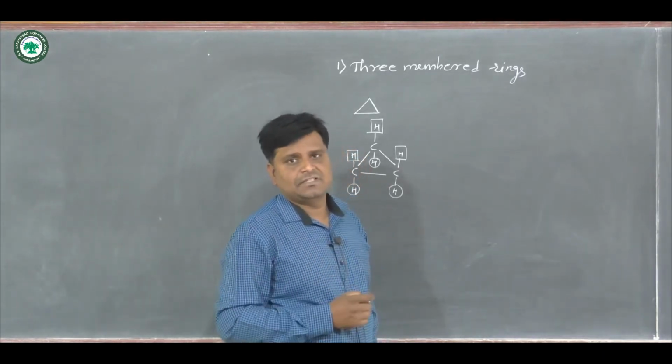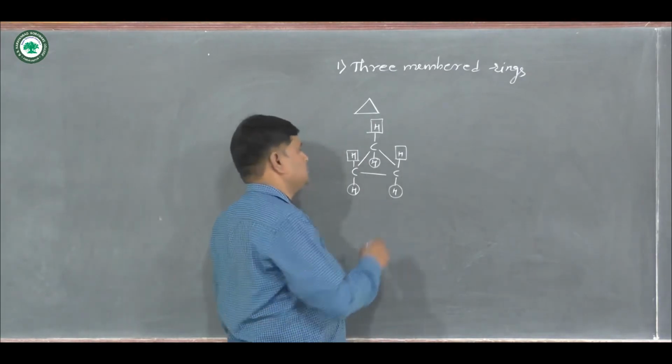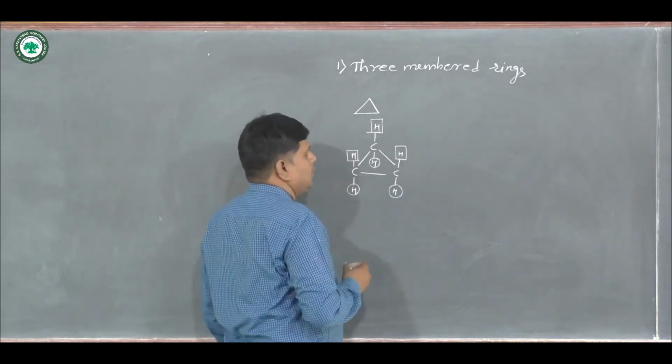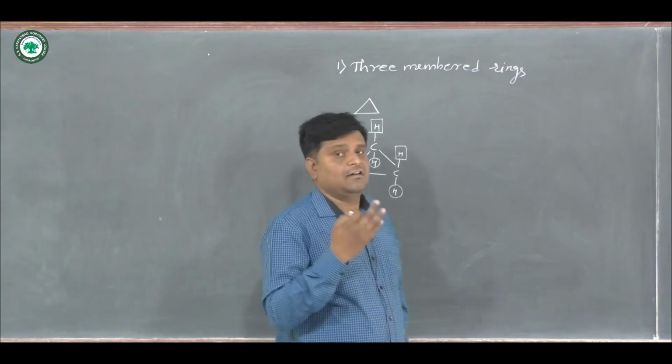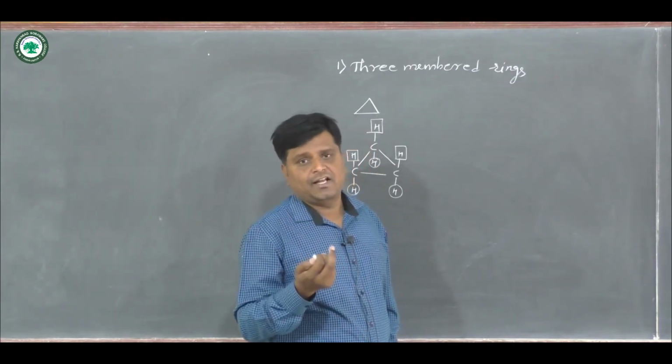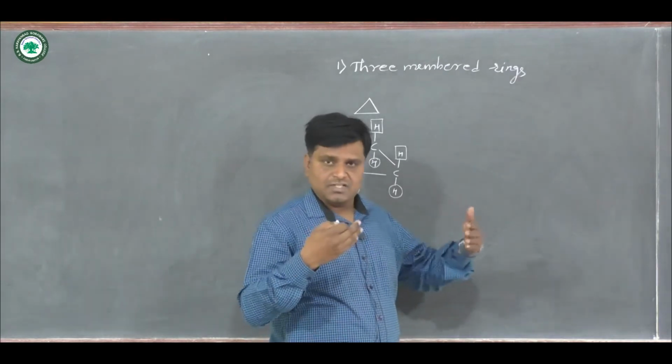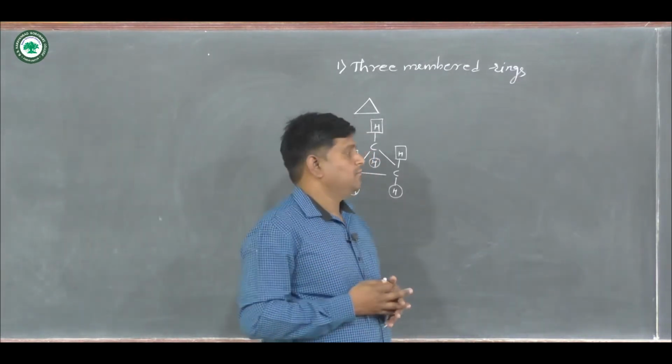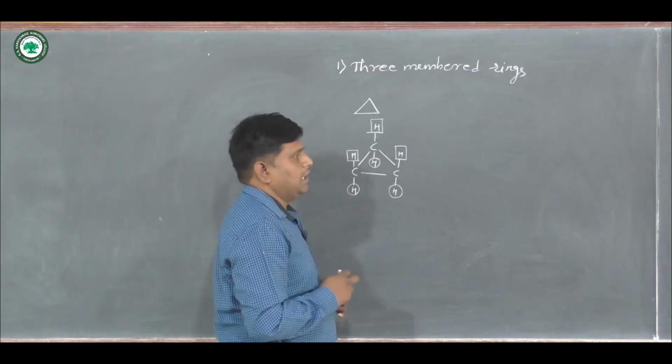Eclipsing strain means what? When 2 hydrogens are present on adjacent carbons and the dihedral angle between them is 0, both hydrogens are very close to each other on the adjacent carbon atoms.